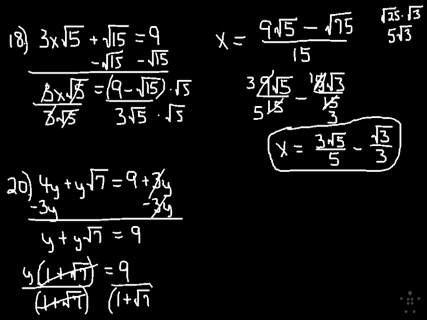Now, you can't have a radical in the denominator, and we teach that you get rid of this binomial by multiplying by its conjugate. So it's going to be 1 minus the square root of 7. And do that to the numerator as well.